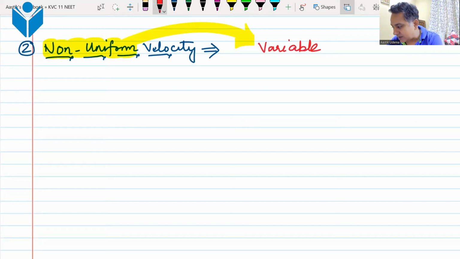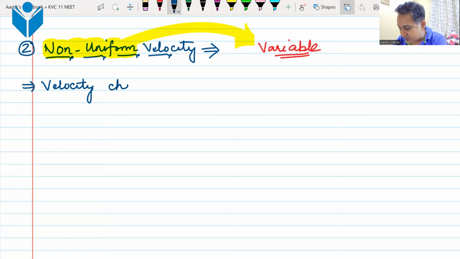Do we understand this? A particle moving with variable velocity means velocity changes with time. Sometimes it is this, sometimes it is this.